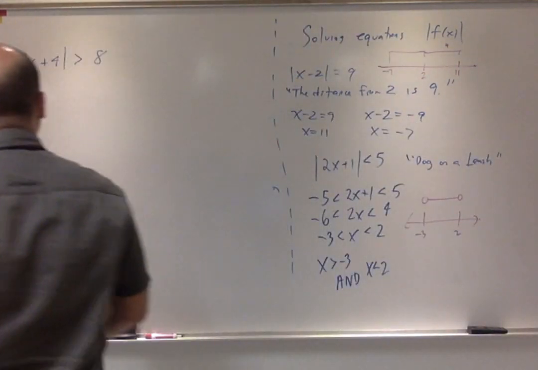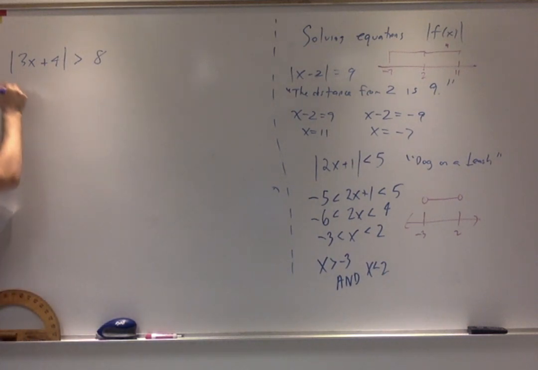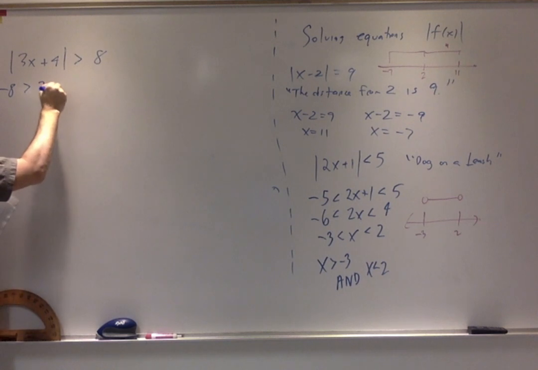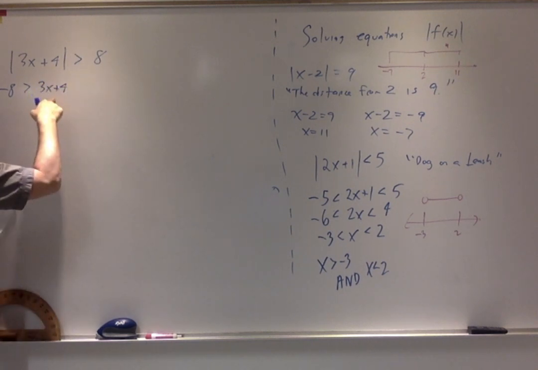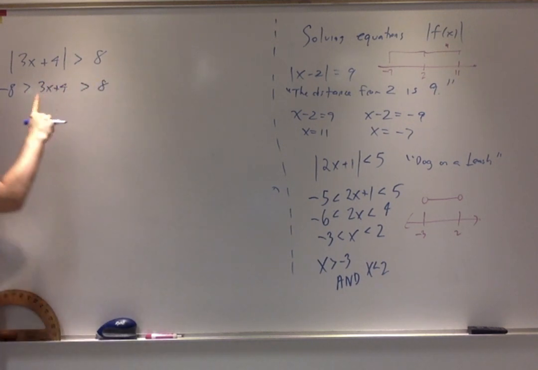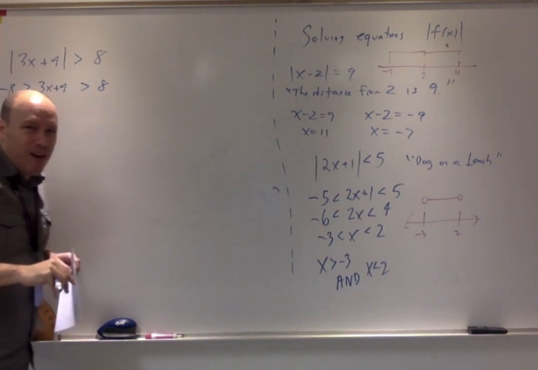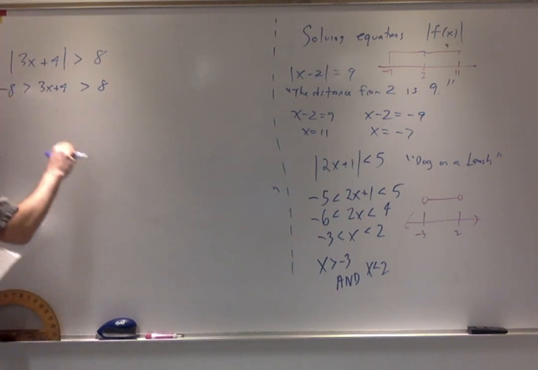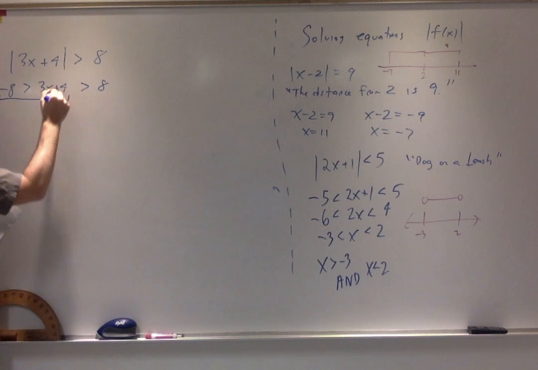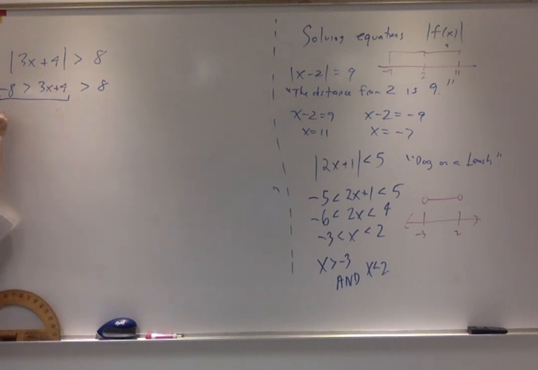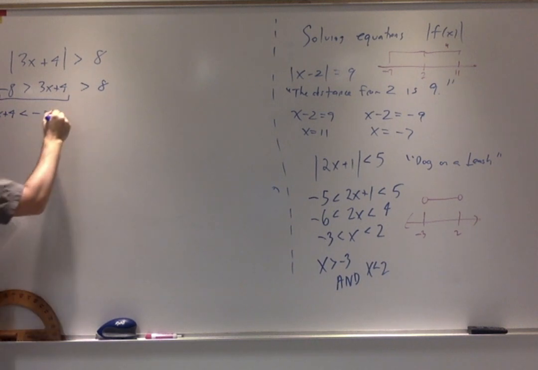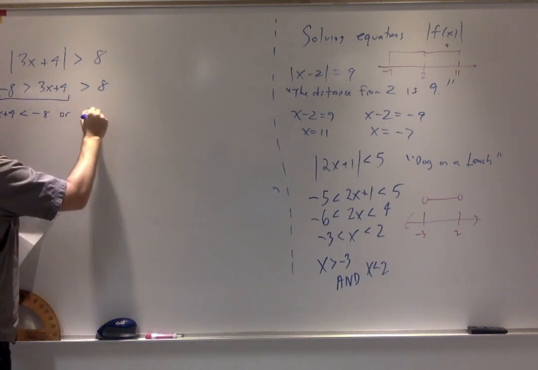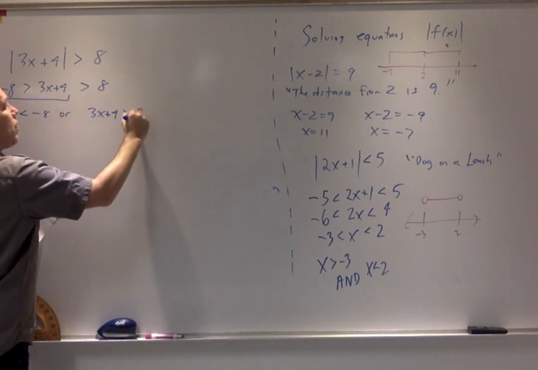We have negative 8 is greater than 3x plus 4, which is itself greater than 8. I always find this a little weird, but the kids are fine with it. If you write this as a compound, notice this as 3x plus 4 is less than negative 8, or 3x plus 4 is greater than 8.